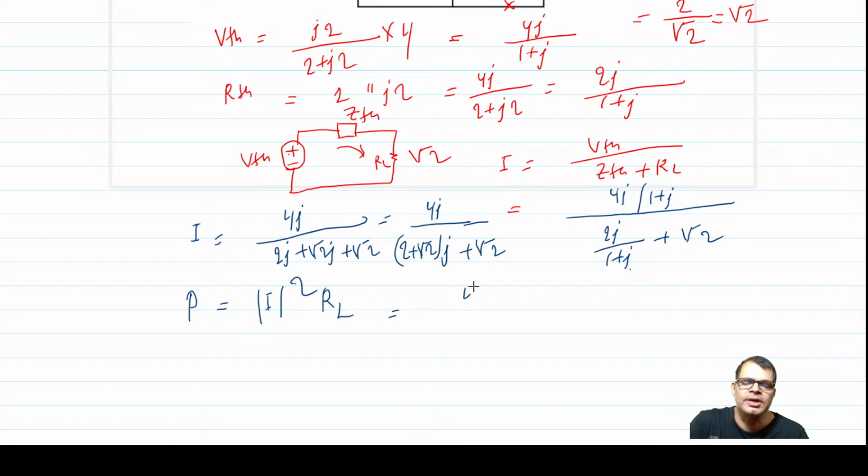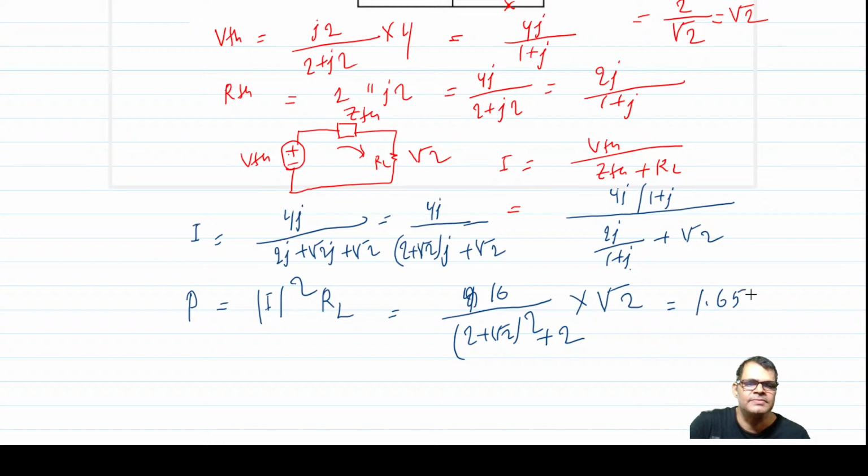I magnitude square is 16 upon 2 squared plus root 2 squared, into root 2. This is a simple calculation. Use your calculator. Okay. So you will get 1.65.